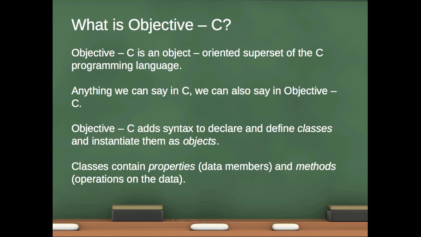And this is something like the notion of a C struct, if you already know C. A C struct has properties, of course, but it doesn't have a way to add methods to that struct. Now, if you know C, we can have things called pointers to functions, which is kind of like that idea. But object-oriented programming levels all that out so that the properties and the methods are both first-class citizens of a class.